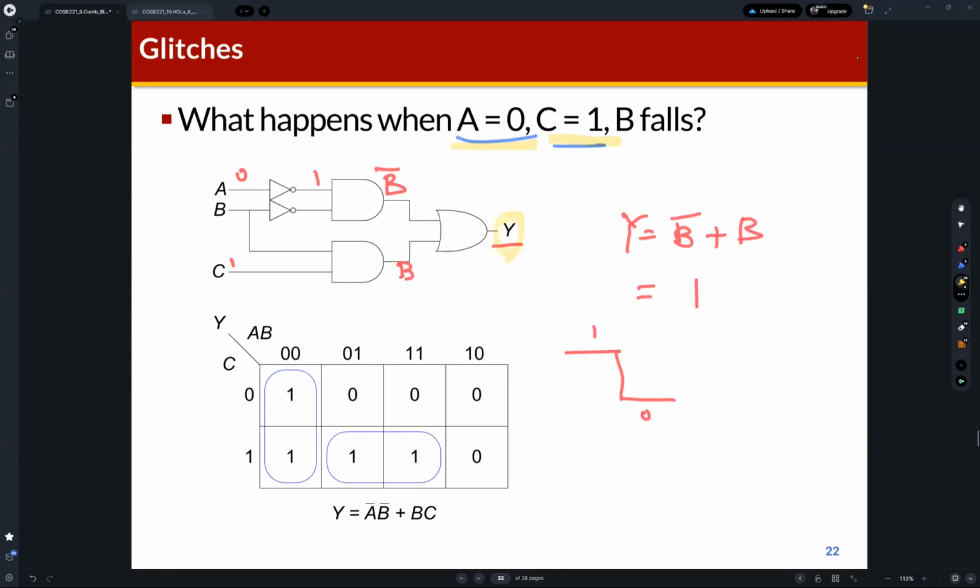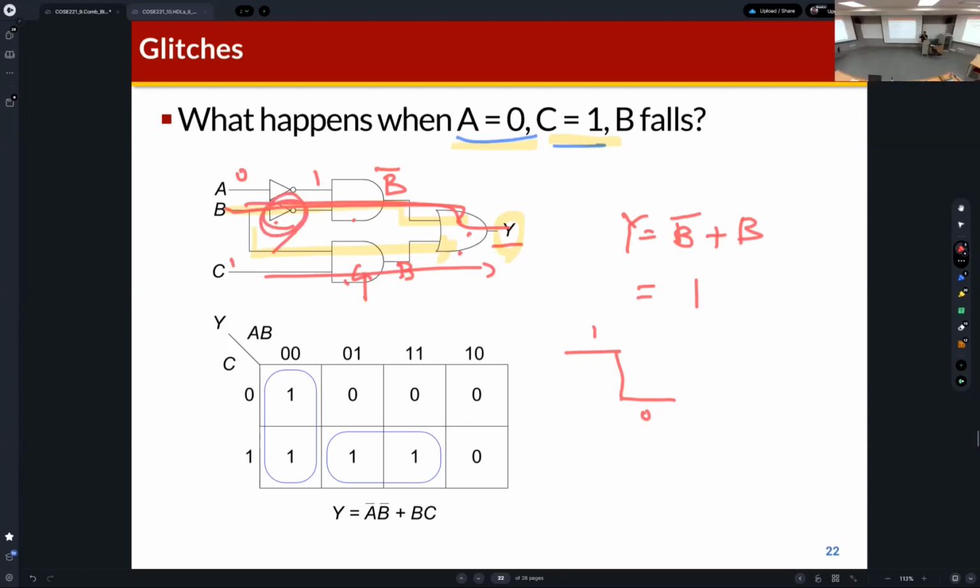If we just see the lower path, then we can observe just two gates, which means the delay can be different between the upper path and the lower path, because the upper path has an inverter.